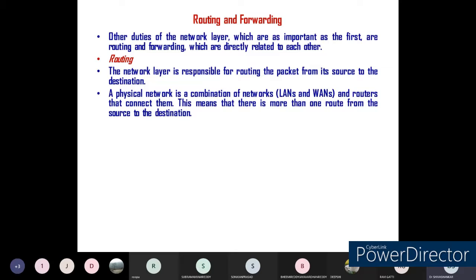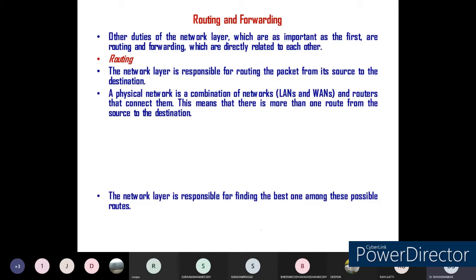So that's why there is more than one route from the source to the destination. From Bangalore to Ramnagar one route, from Ramnagar to Mandya one route, from Mandya to Mysore another route. We cannot travel directly from Bangalore to Mysore. Through different districts we can travel. That is called routing.